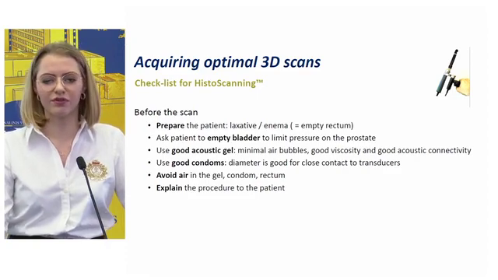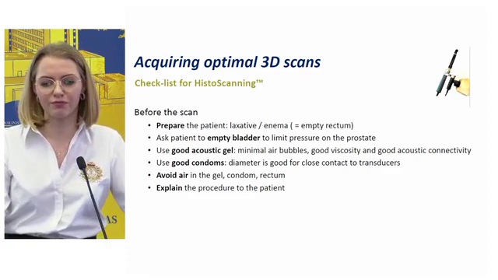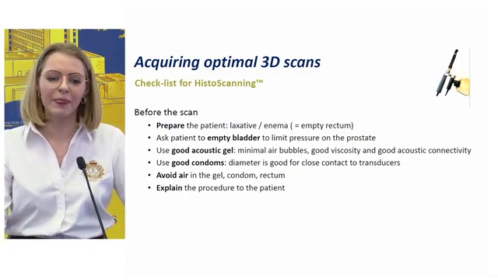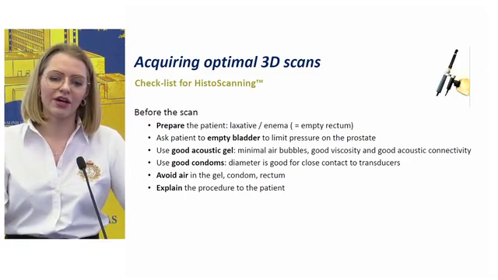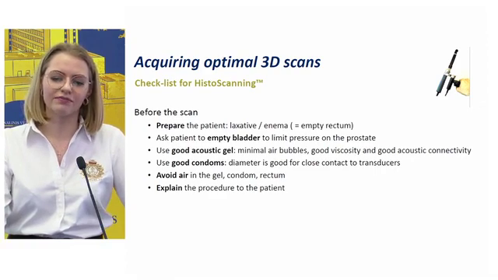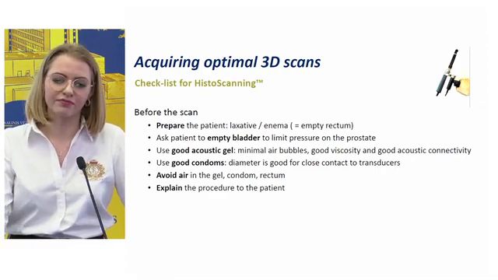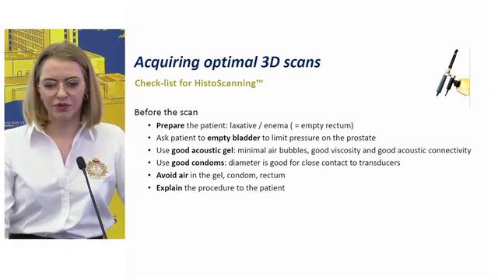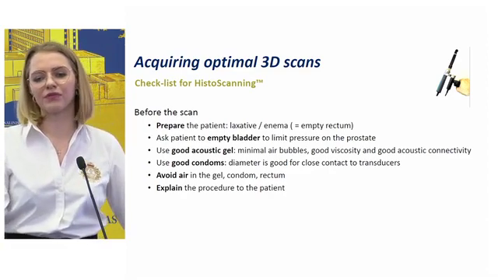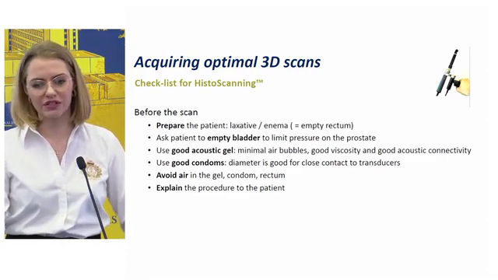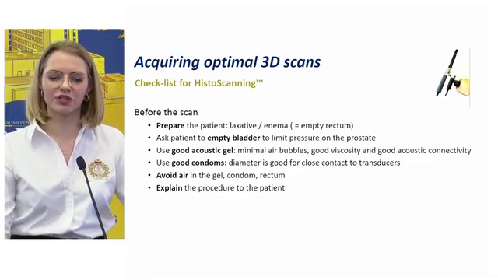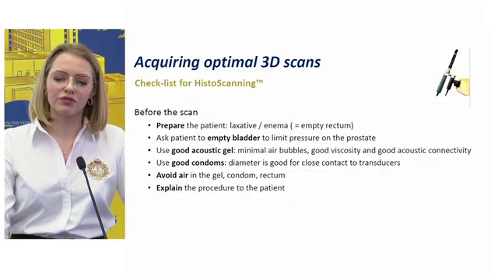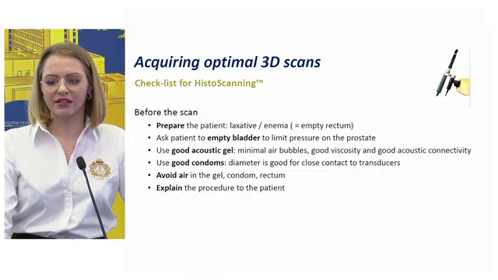Use a good condom for close contact with the transducer, and avoid air in the gel, condom and rectum. Also, we should explain the procedure well to the patient to calm him down so he doesn't move during the procedure. All of this is done to avoid artifacts.